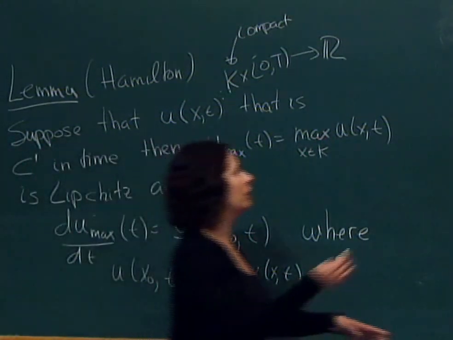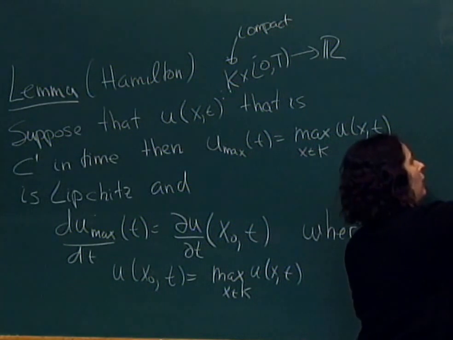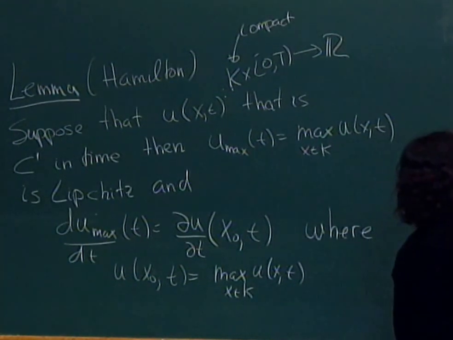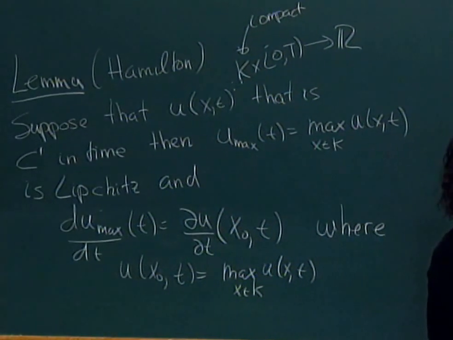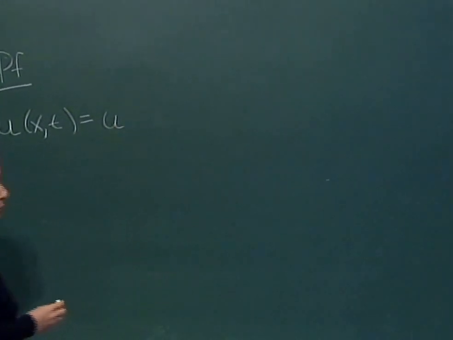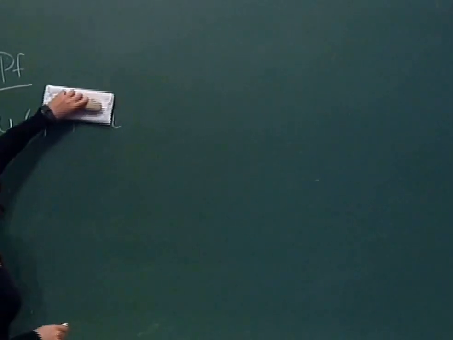And the idea is that you can write u of x, t as, okay, I'm going to use a Taylor expansion here. Let me see in which order I want to do that. I think it doesn't matter because I want to do it both ways.